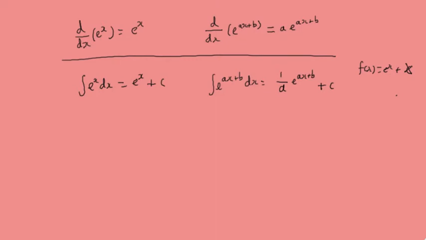So let's do some examples. Firstly, we're going to find the integral of e to the 3x dx. The derivative of this would be 3, so we do 1 over 3 e to the 3x plus c.